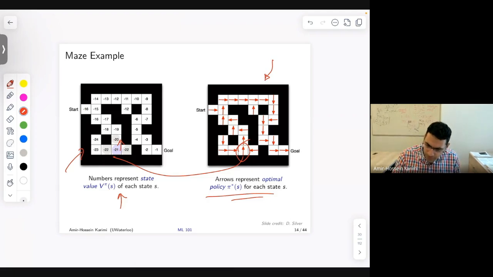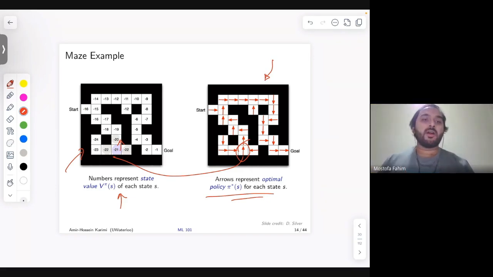Other questions? Yes, Mustafa? Yeah, I have a question here. I just want to know about this thing: as we are cognitive enough to see the maze from a third dimension, right? So instead of going left, right, and up and down, we can also see from the top to bottom of the whole graph, right?